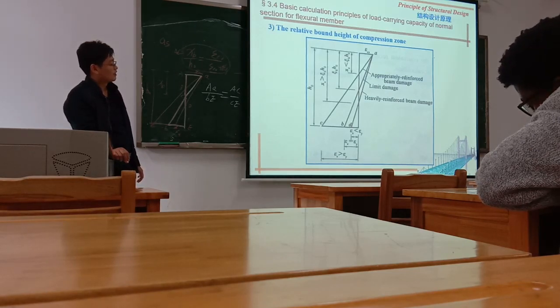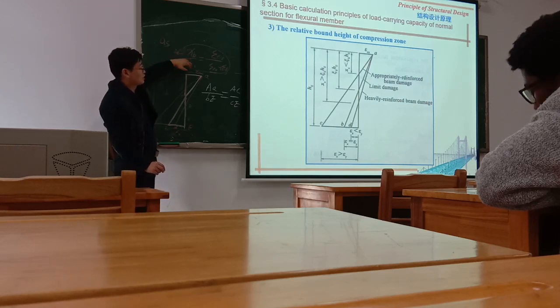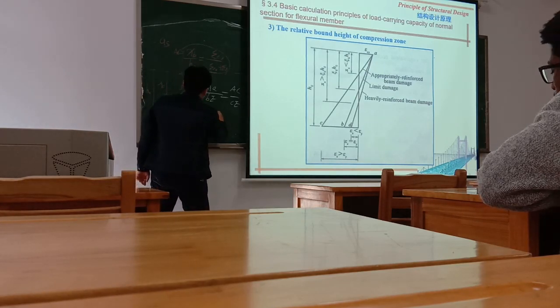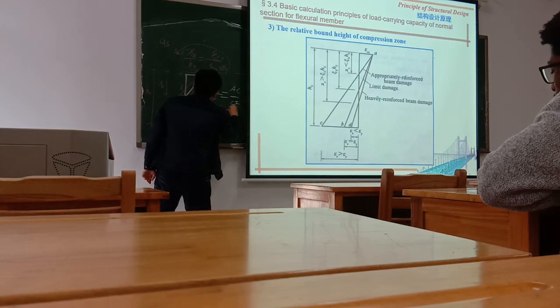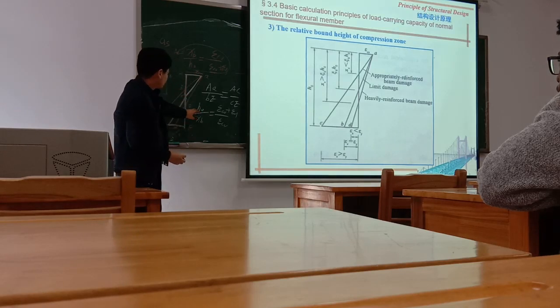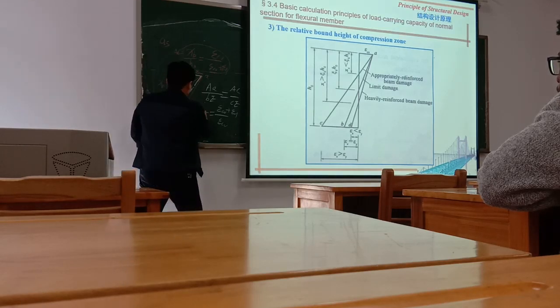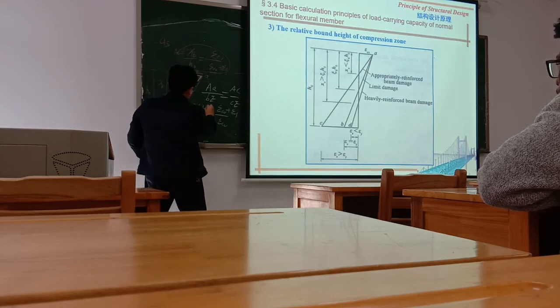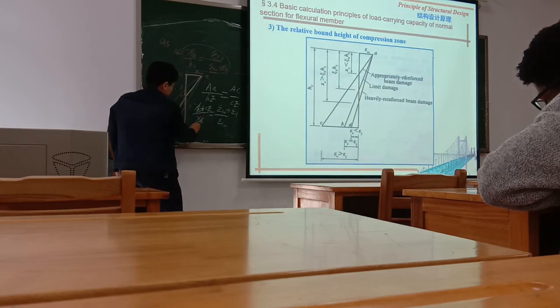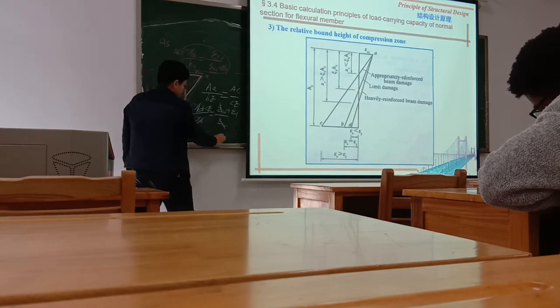Is that right? Yes. Okay. Because if you just invert this expression, h0 divided by xb equals epsilon cu minus epsilon y over epsilon cu. So x0 we can write as xb plus ce. Then xb divided by xb is 1, x0 divided by x0 is 1.